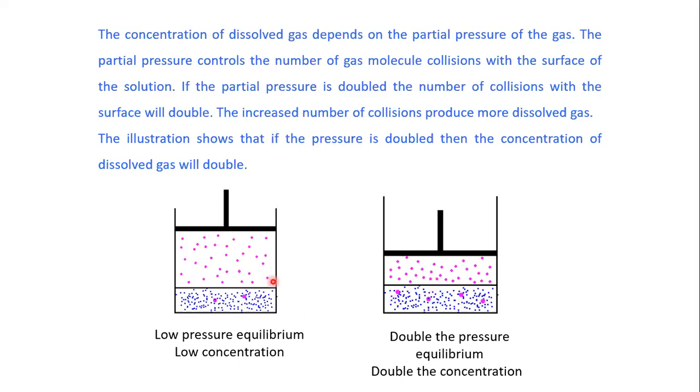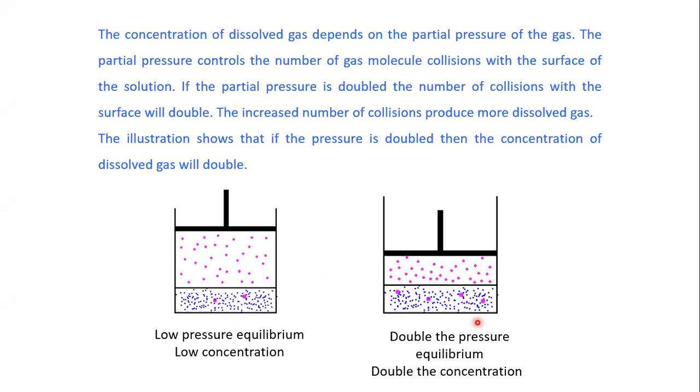When you increase the partial pressure and when you have lower partial pressure, you just need to understand it. Because if you don't understand the relationship, it becomes very difficult for you to know where you have more dissolved gases. So in this case, you have low pressure equilibrium, that's the low partial pressure of the gas, and thereby low concentration of the gas molecule in the solution.